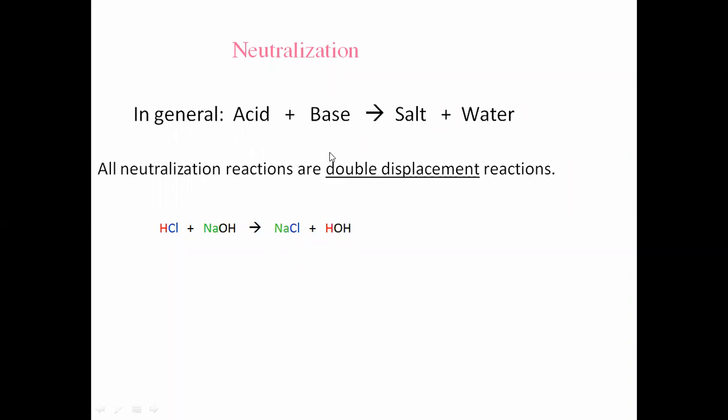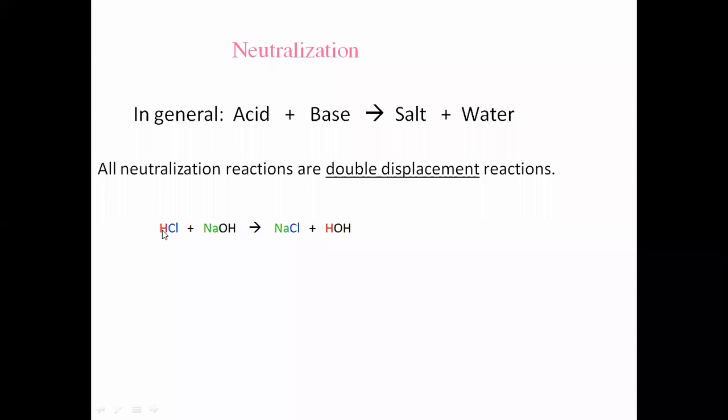See, all the neutralization reactions are double displacement reactions. Now, why are all these neutralization reactions known as double displacement reactions? Because a displacement of H plus ion is happening and a displacement of OH minus ion is also happening during the formation of salt and water.